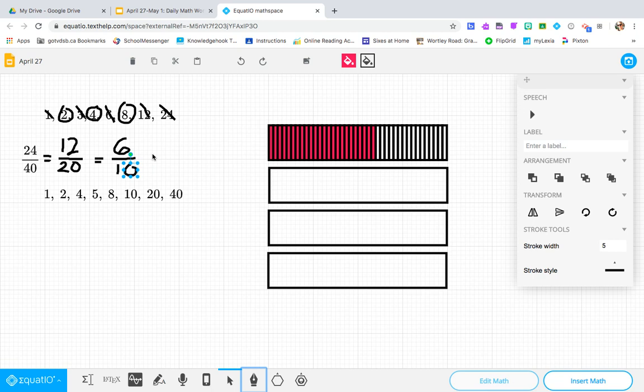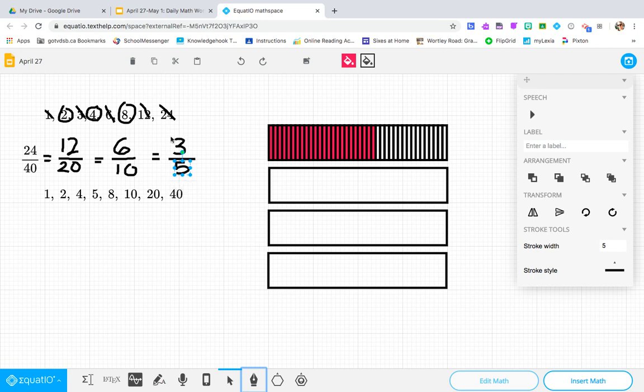And finally, we have one more number here, 8. So 24 divided by 8 is 3. And 40 divided by 8 is 5. So we have found our new equivalent fractions by simplifying.